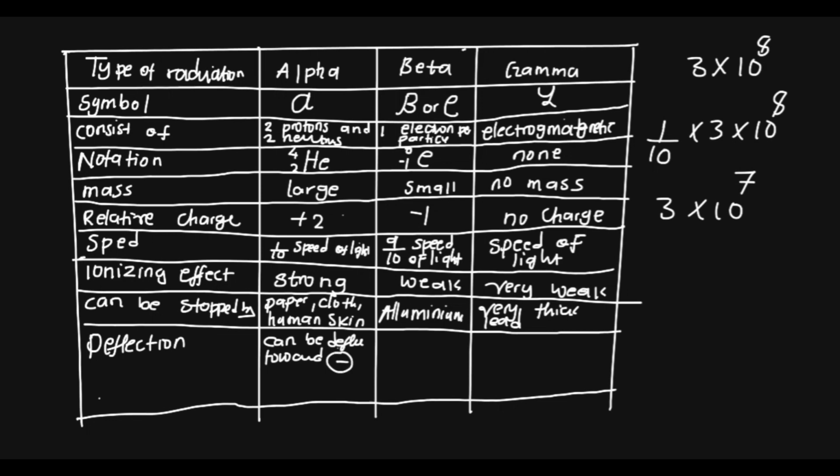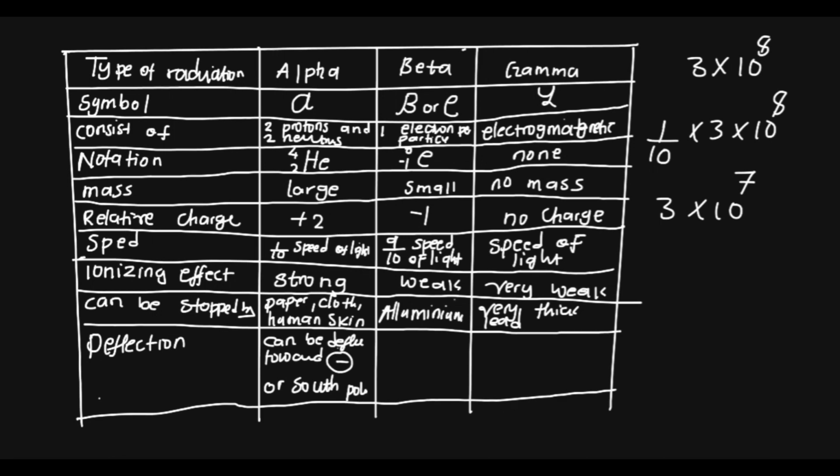Because the alpha is positive, it can be deflected toward the negative terminal, since we have opposite charges and we are expecting to have a force of attraction. So it's the negative terminal or South Pole if we are looking at the magnet.